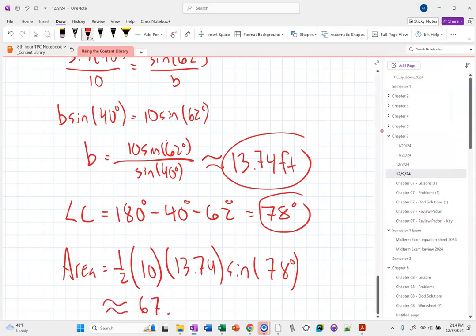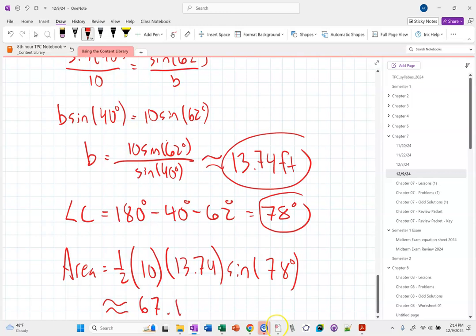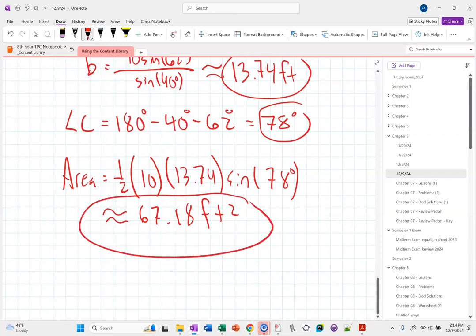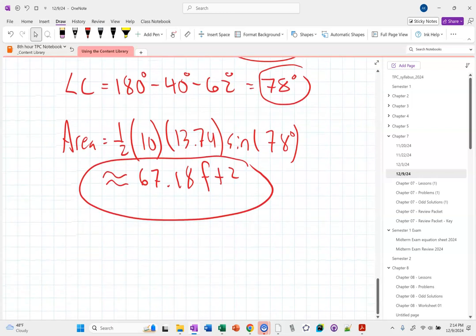So I have 67 point something, 1/8. And the unit here should be feet squared. What do you guys think? Yeah, not too big of a deal, right? Pretty easy. Algebraically, like there's almost nothing to it, which is nice.